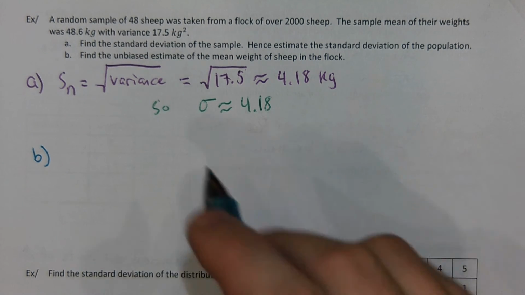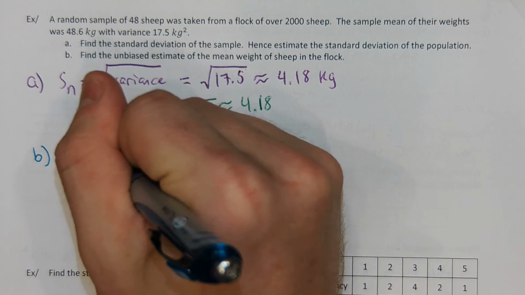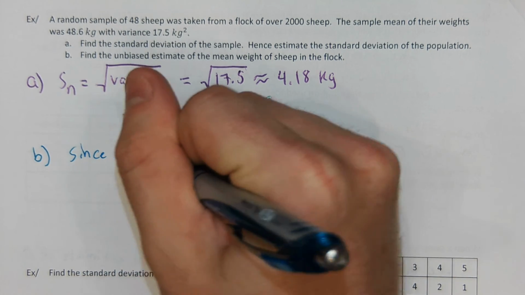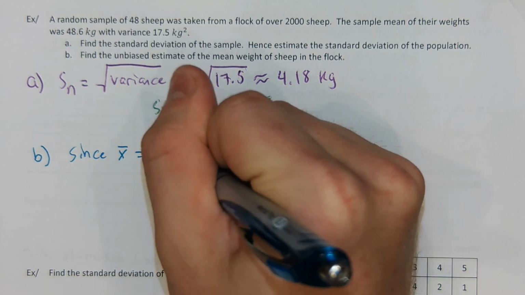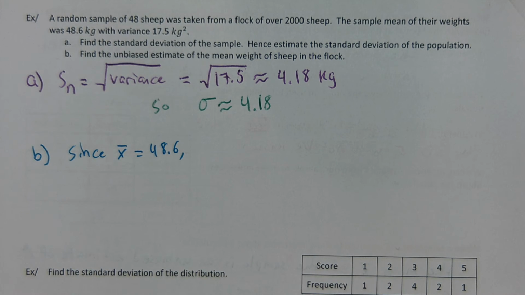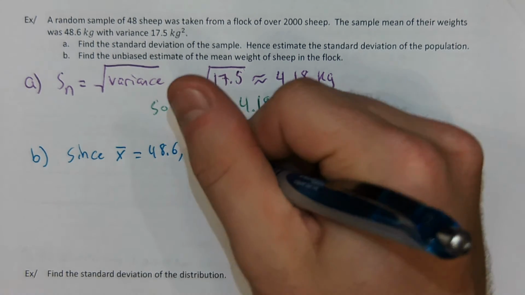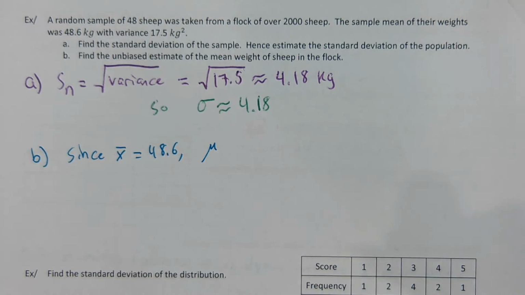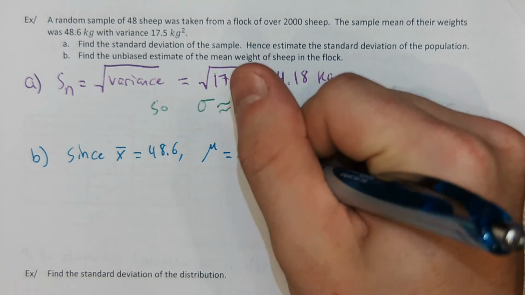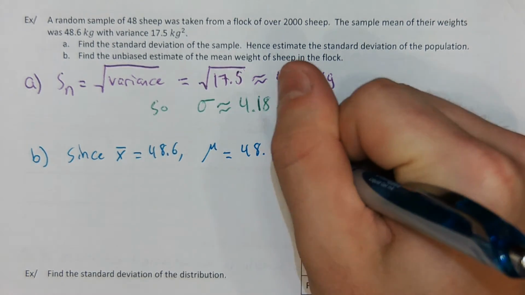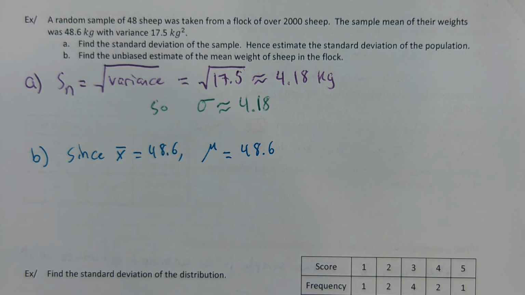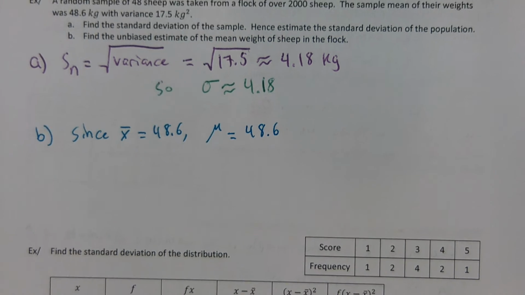So since x bar equals 48.6, then we say mu is probably about 48.6. We don't have any other way of doing that. And then there was one.